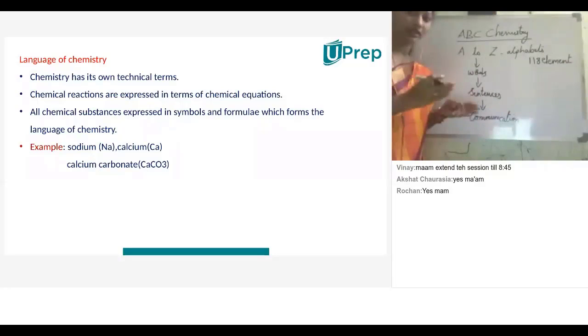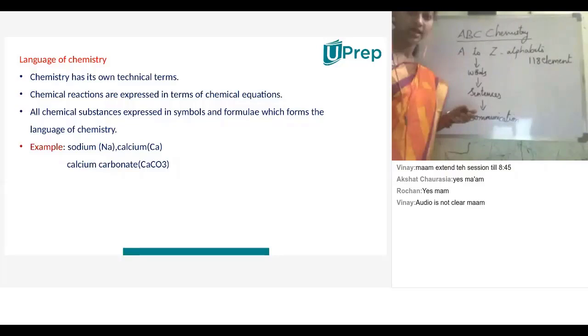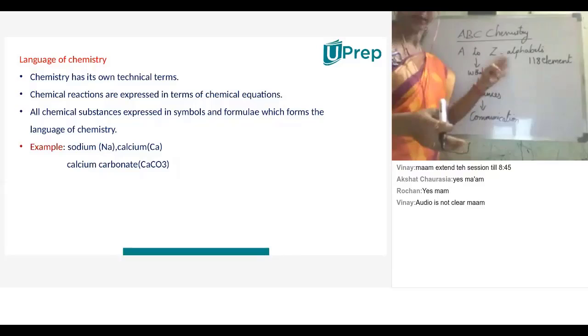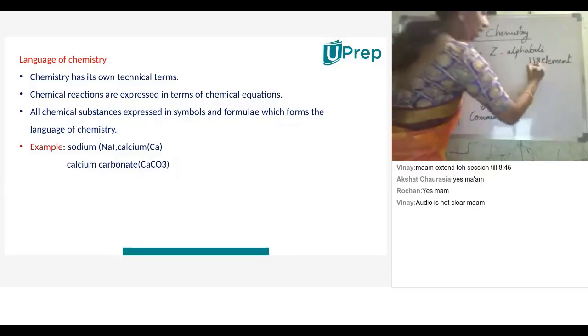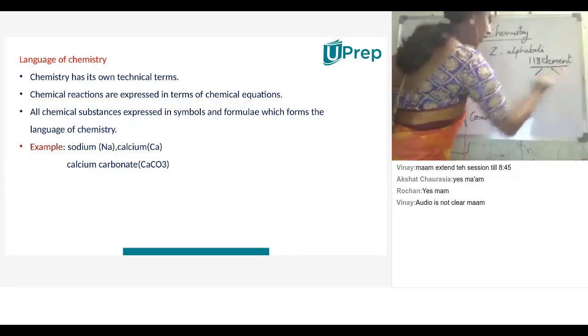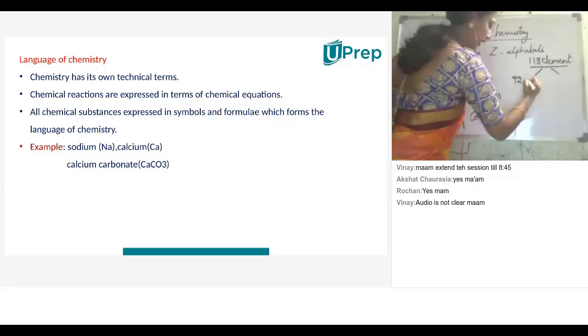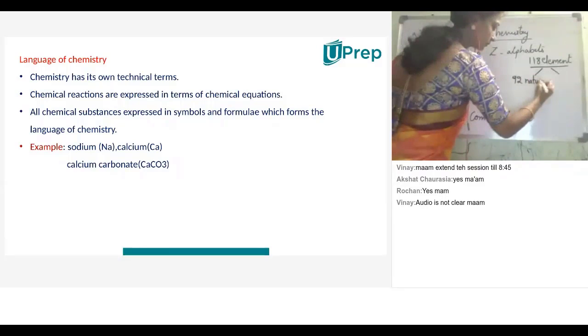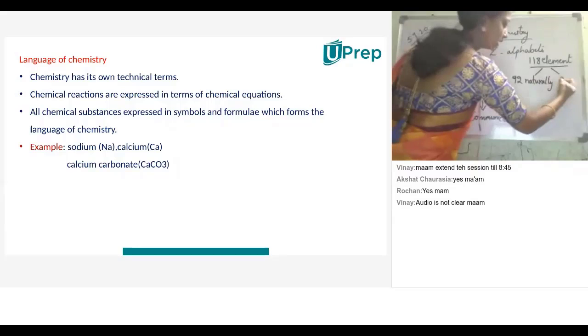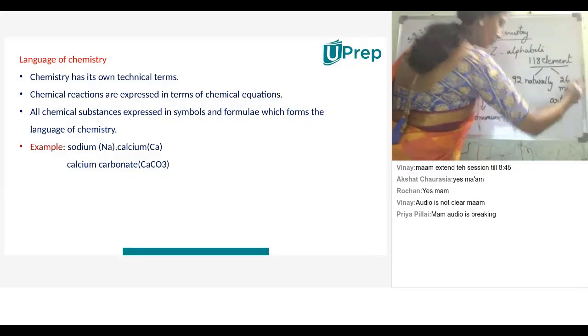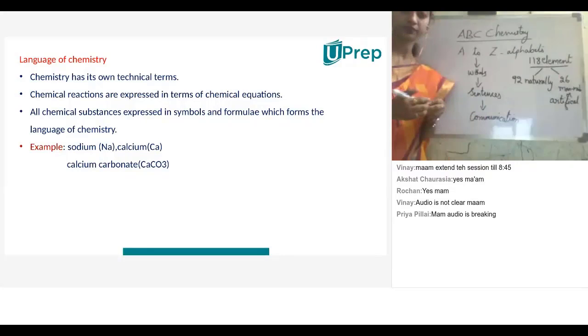The modern periodic table is nothing but the arrangement of elements in an order. In the modern periodic table at present we have 118 elements. Of these 118 elements, 92 are naturally obtained and 26 are man-made or artificial. Understood?